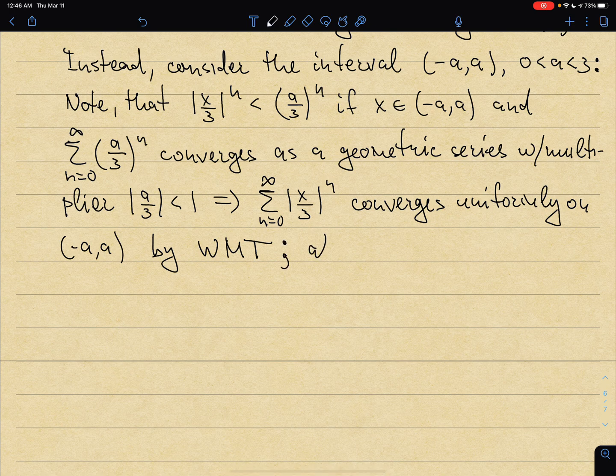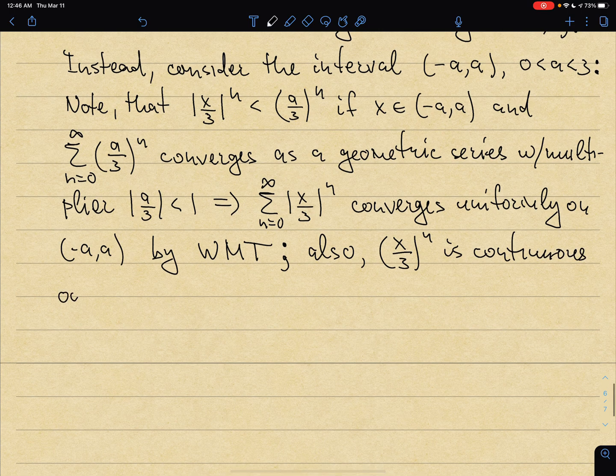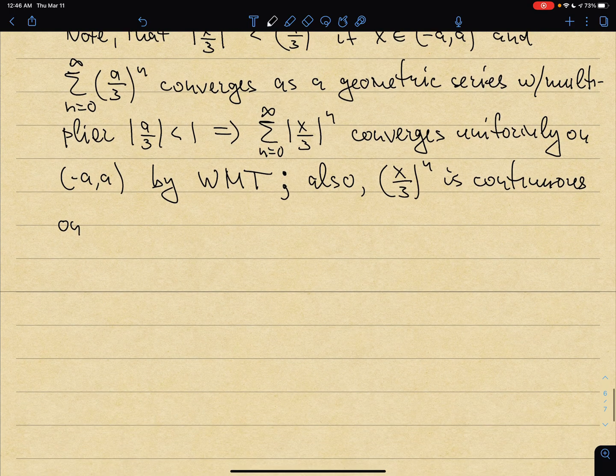Also, (x over 3) to the n is continuous, in fact everywhere, but in particular on minus a to a, for all n greater than or equal to 1, right?